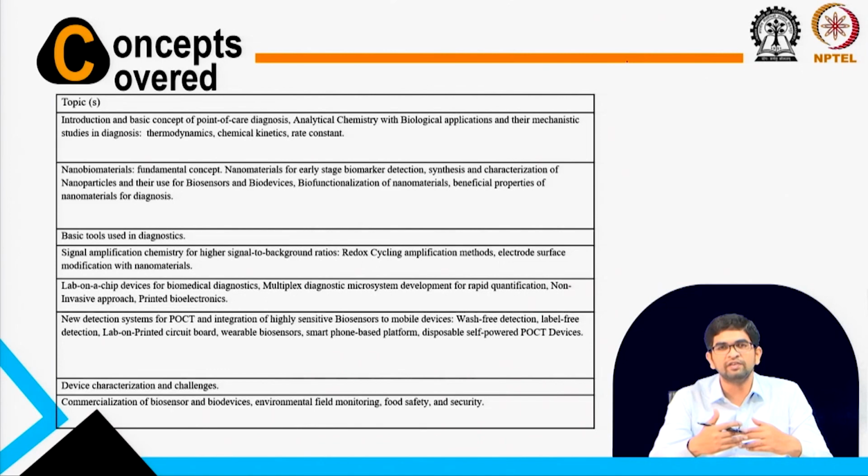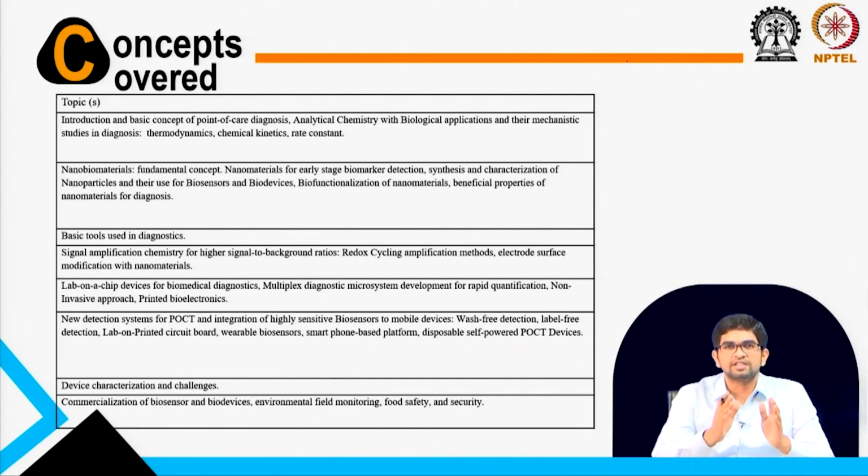How can we develop a sensor device that can detect at a very low level? That is called an ultra-sensitive biosensor, which we will develop. That is why signal amplification is really important, and to amplify, we will employ different kinds of chemistry.